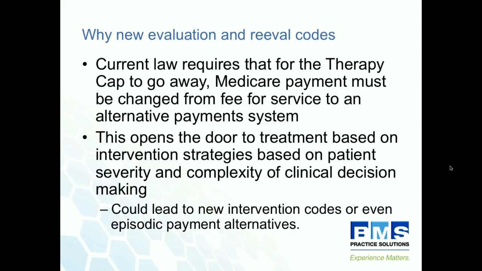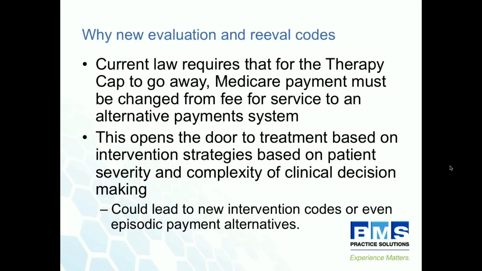Now, that's been a big agenda within CMS for several years, right? It started with PQRS. Then it was the value-based modifier for the physicians, and then the physicians are transitioning to the MIPS program in 2017. It's likely that PT and OT will transition to MIPS in 2019. So we have a couple of years yet before we're pulled into that system.